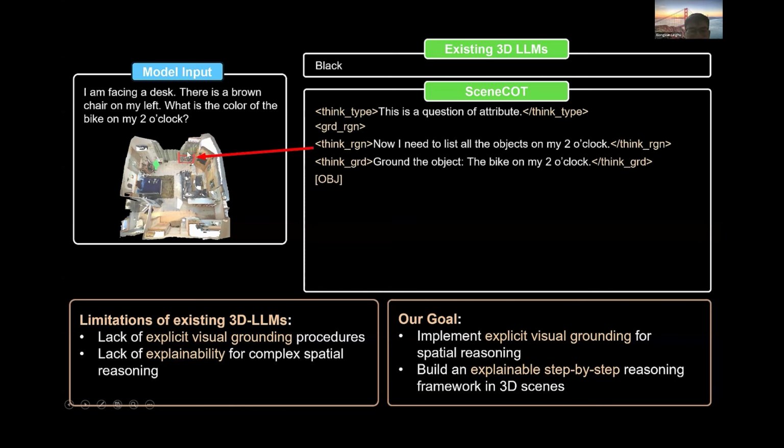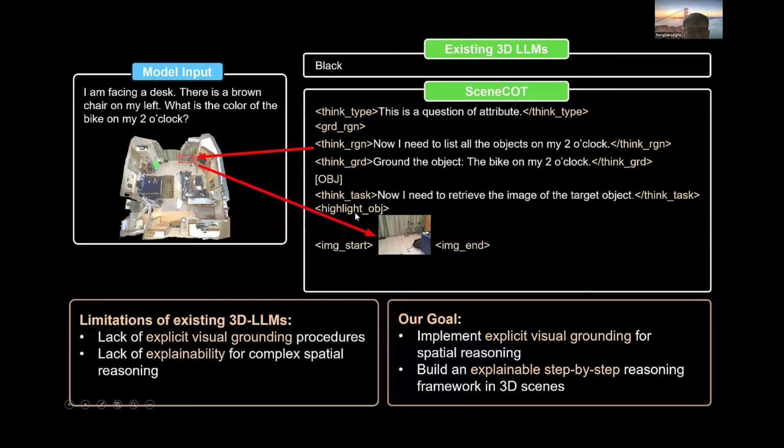Then the model grounds the bike at its 2 o'clock from the filtered objects. Since this is an attribute question, the model retrieves the image according to the visual grounding result, then extracts the image tokens. Lastly, the model answers the question based on the visual cues constructed in the previous steps.